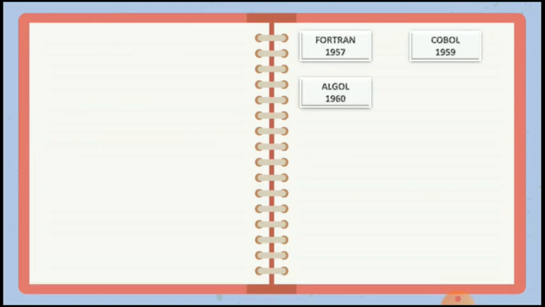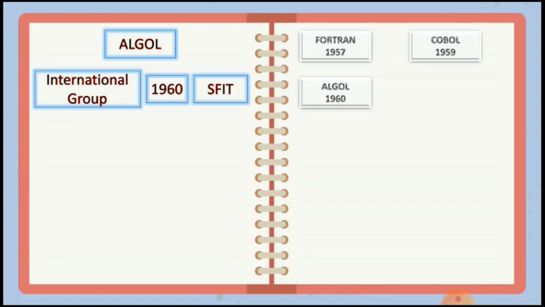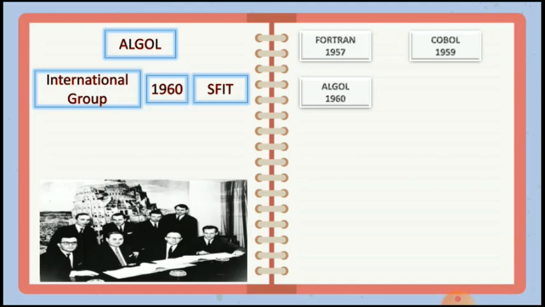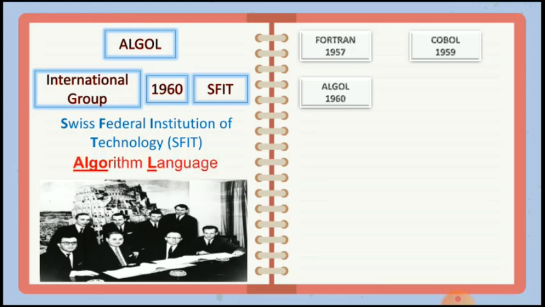The third language, ALGOL, was created by an international group in 1960 at ETH, that is Swiss Federal Institute of Technology. ALGOL stands for Algorithmic Language. It was created to avoid the problems faced in Fortran.